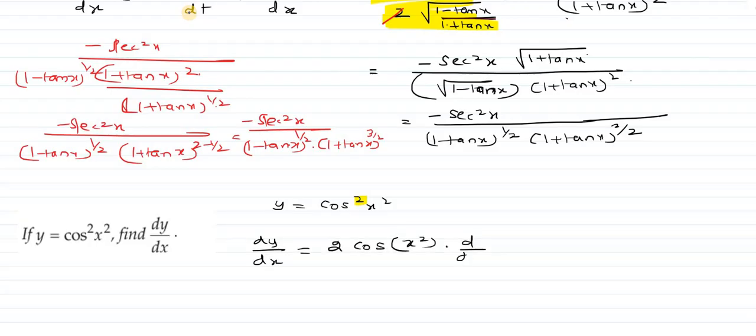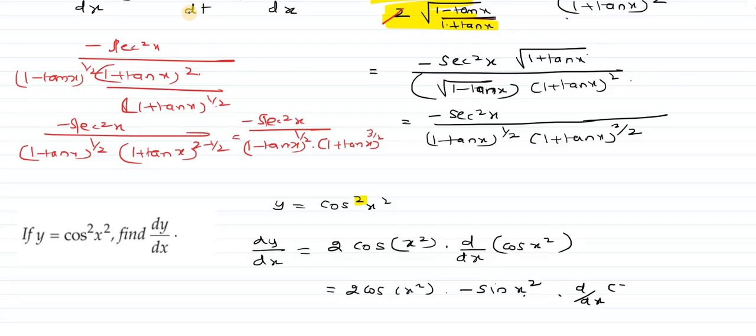Then what we have to do? We have to differentiate cos x square. That is the function, right? Now, 2 cos x square. Differentiation of cos is what? Minus sin x. Here the function is x square, so I have to write it as it is. Then differentiation of angle, x square. So 2 cos x square, minus, you bring it to the front side.